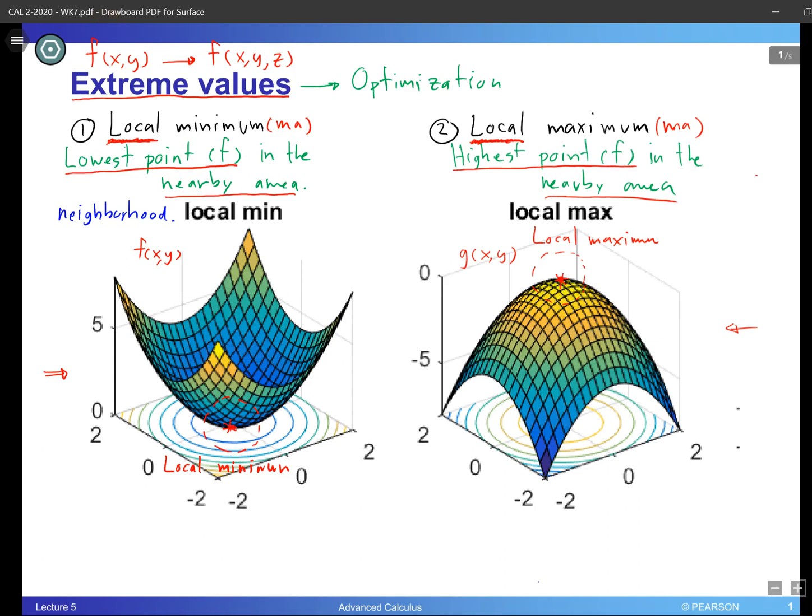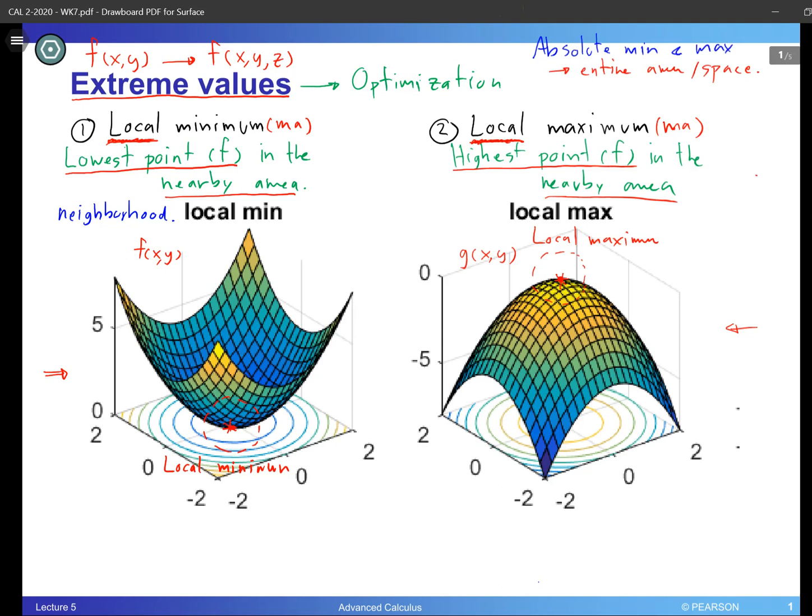Okay, so make a note right here that it's also possible to find the one for the whole space. Absolute minimum and maximum. And this one is going to be for the entire area or space. And that is the main difference between absolute and local. Local is nearby, absolute is the entire space.